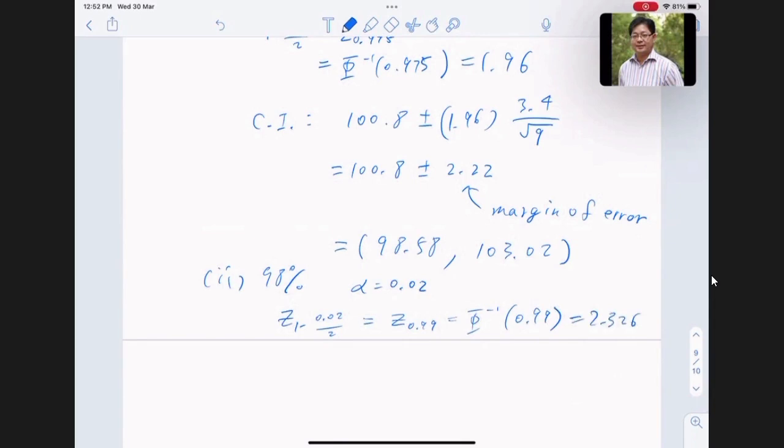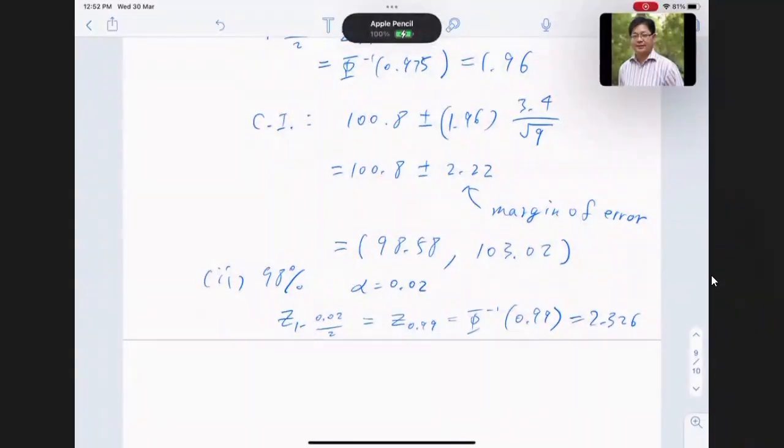From the table or from R, you will find that it is equal to 2.326. Then you change the value of this into 2.326, and you will get the corresponding confidence interval for a larger coverage. Okay? You want to have a higher confidence, of course you need to have a wider interval. Okay?